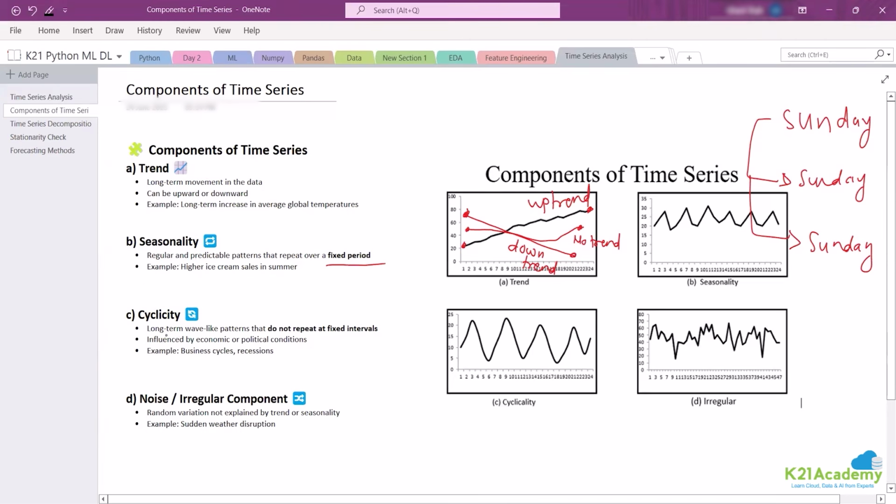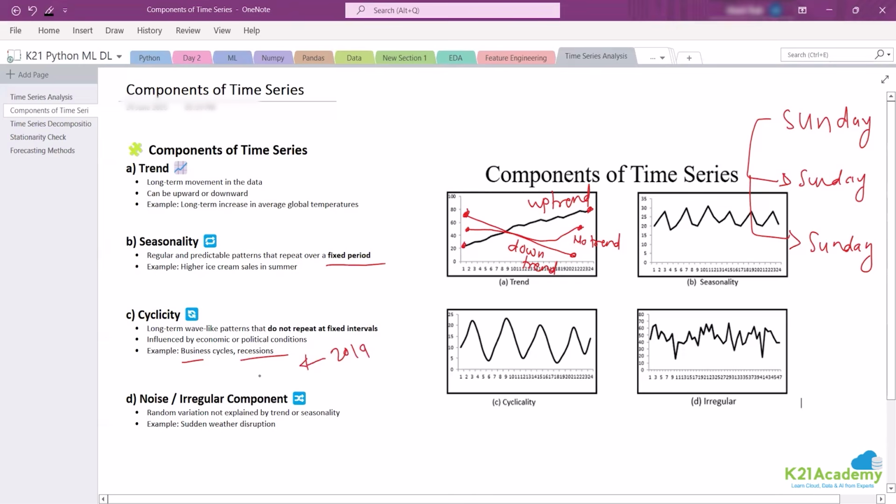Now, cyclicity is also a pattern that is repeating, but there is no fixed interval, like the business cycles and the recessions. The previous recession happened in 2019, right?